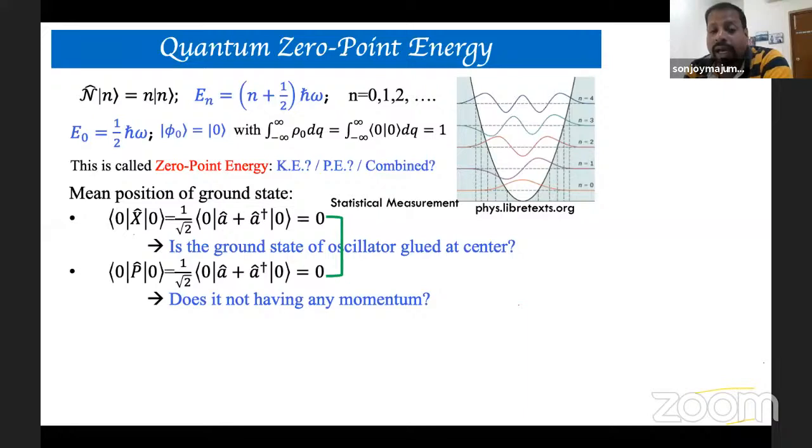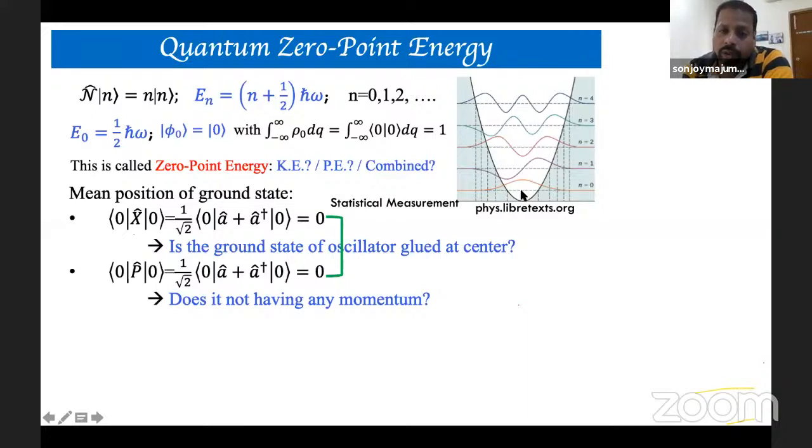That doesn't mean the system is at that point. Sometimes you will see it at the center, sometimes on one side of the center, sometimes on the other side. When you take the statistical average of the different positions, ultimately you see that the atom is at the center position.